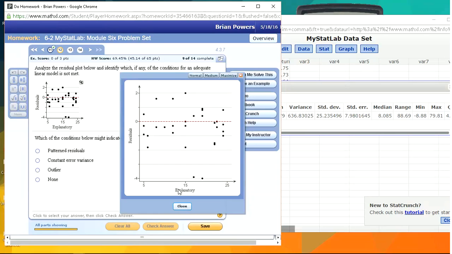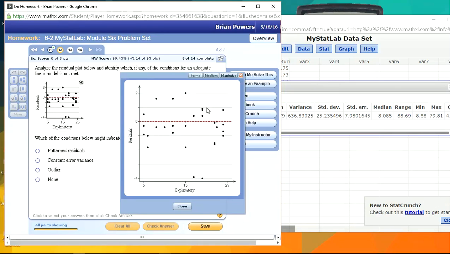So what are these 3 things? Pattern in residuals. Is there a pattern, like a curve or something like that? No, there's no pattern. It's pretty random. Constant error variance. This is to say the spread, how far spread out it is, should be pretty much the same going across. I'd say that looks fine.